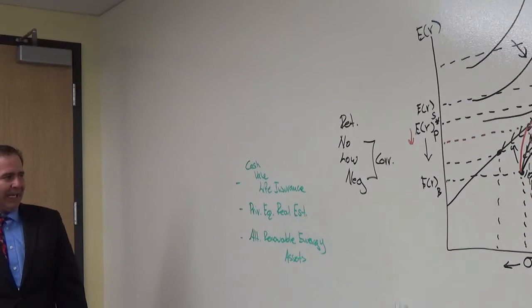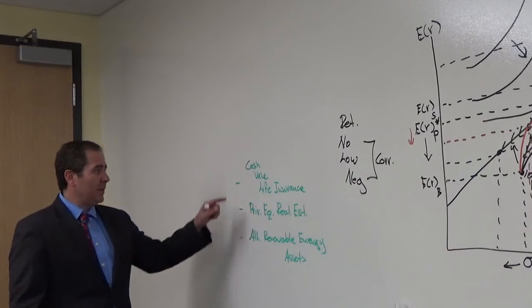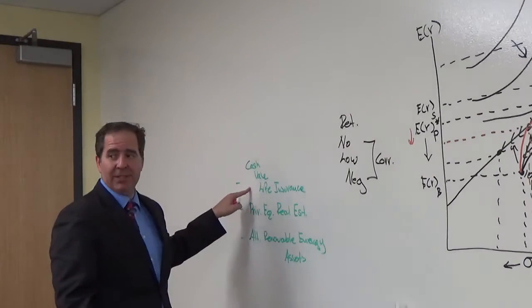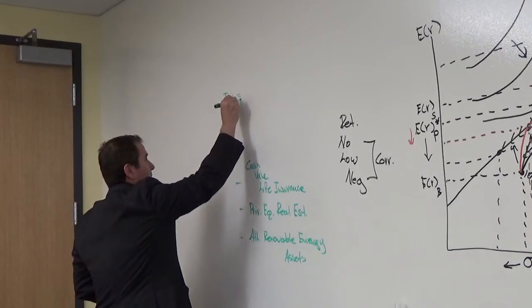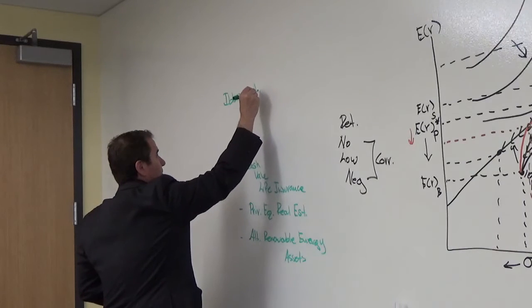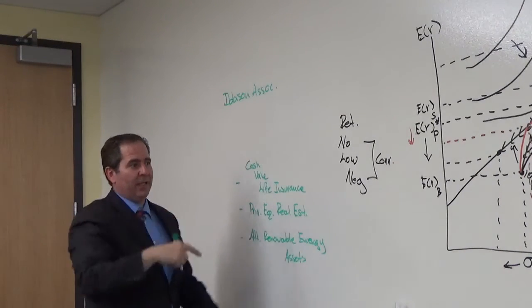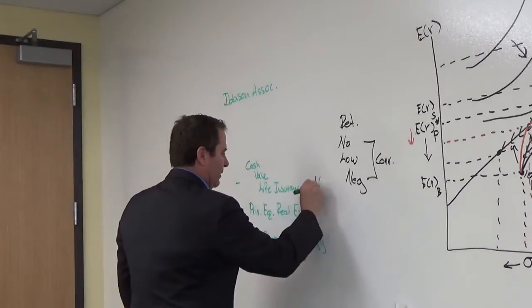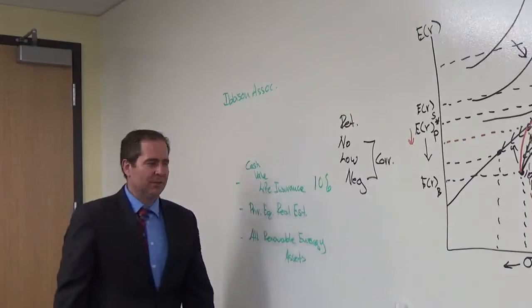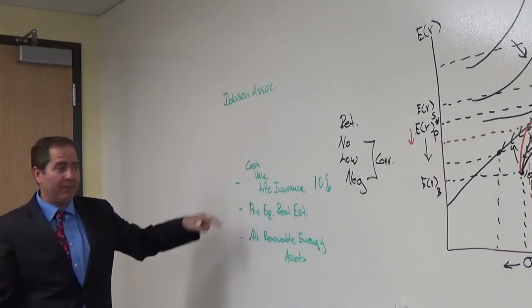So if you look at the research that's been done, on cash value life insurance, Ibbotson and Associates did the research, did the portfolio analytics, and came up with a 10% allocation to cash value life insurance within your portfolio. That was the recommendation.